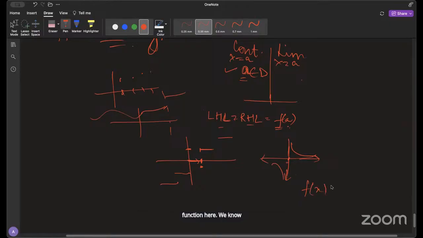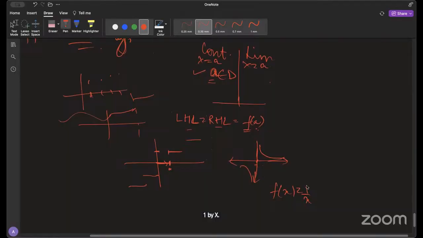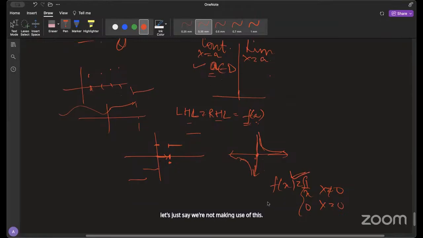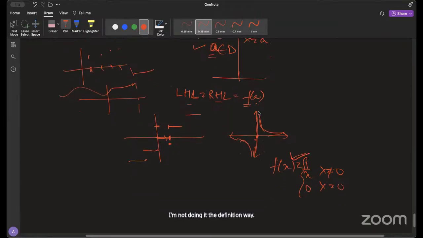We know that this function is 1 by x when x is not equal to 0, and 0 when x is equal to 0. That's how this is one point on the graph and then this is the graph. We're not doing it the definition way. We'll do it the graph way.